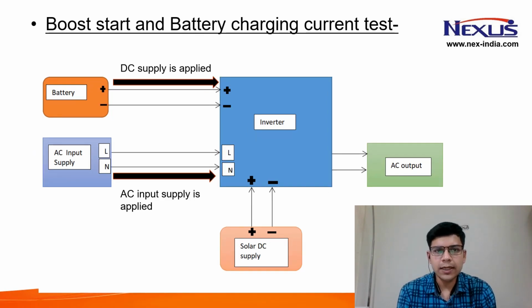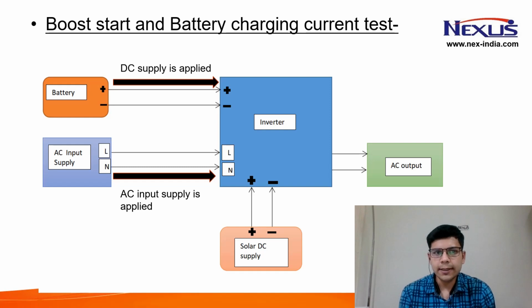Next, the boost start and battery charging current test. If you have seen an inverter, when the AC input is given to the inverter, the battery which was earlier in discharging mode now goes into charging mode. For that to happen, a same polarity voltage appears across the battery terminals from the inverter side, and this voltage is slightly higher than the rating of the battery itself.